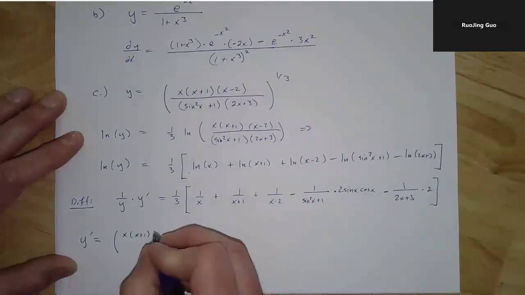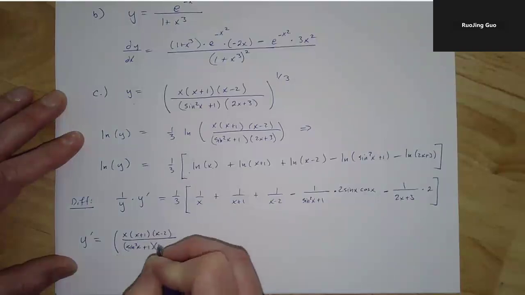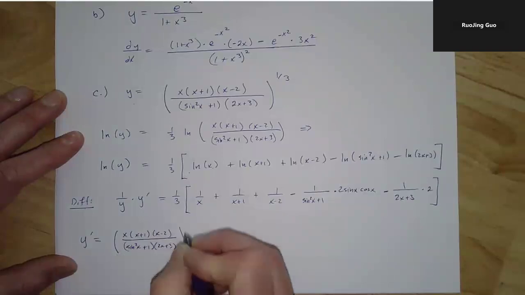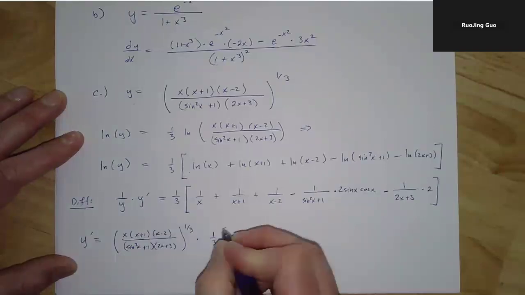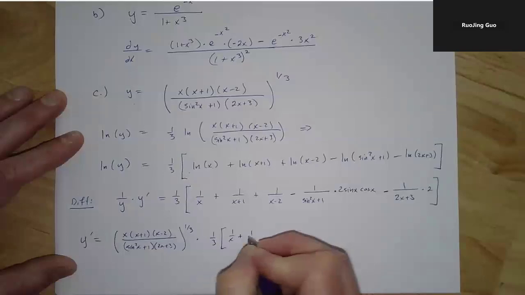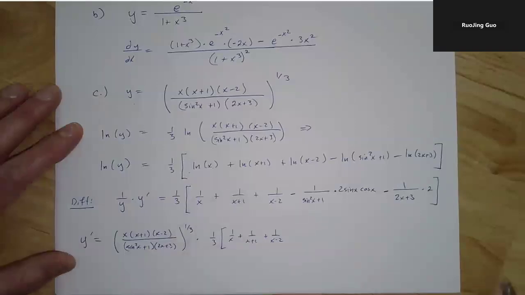So it's x times x plus 1 times x minus 2, divided by sine squared x plus 1 times 2x plus 3, to the 1/3 power, times all of this. 1/3 times 1 over x plus 1 over x plus 1 plus 1 over x minus 2. Don't try to simplify this part.